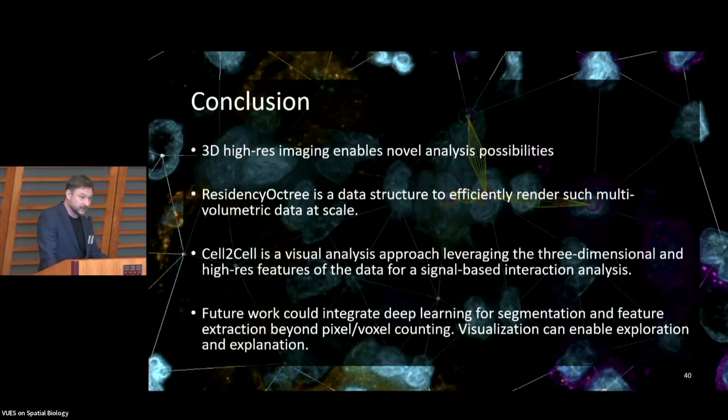For the future, I think we should step away from this kind of cell counting and voxel counting, and use more segmentation-based approaches with deep learning, hopefully extracting richer features. And I think visualization can enable exploration and also explanation of the features that we detect here.